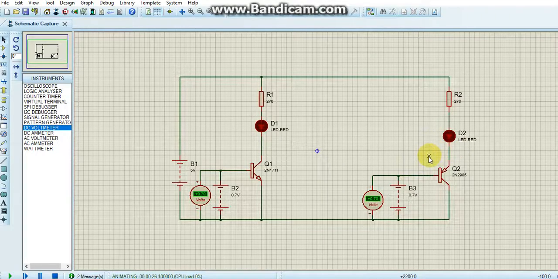Since the transistor didn't turn on before, since there is a voltage drop across the R2 resistor.